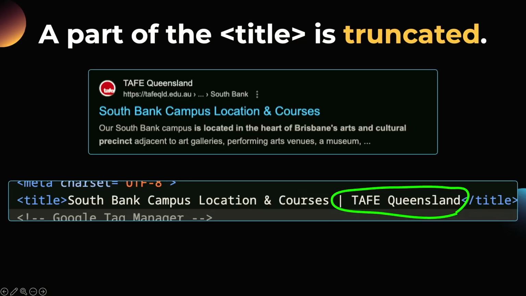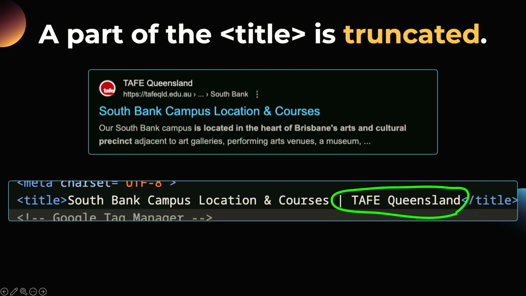Why does Google change titles? One of the most common reasons is to remove redundant information. Let's look at the perfect example right from this campus, TAFE Queensland. The page's actual HTML title tag includes the brand name, TAFE Queensland, at the very end.